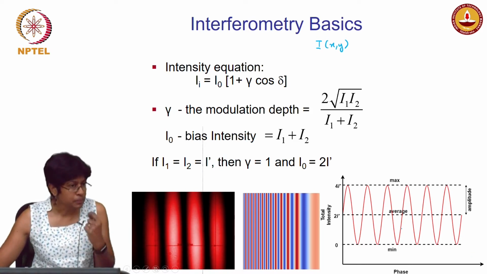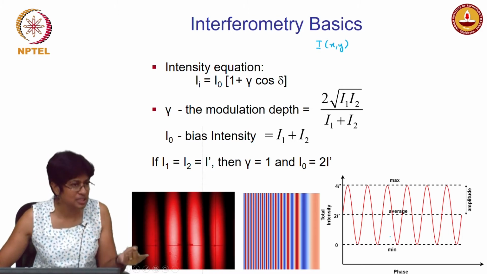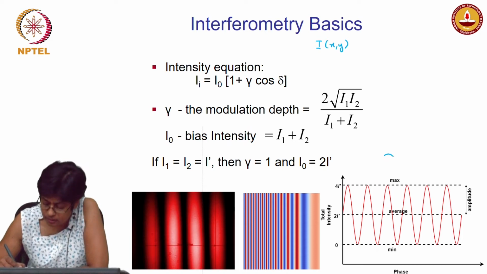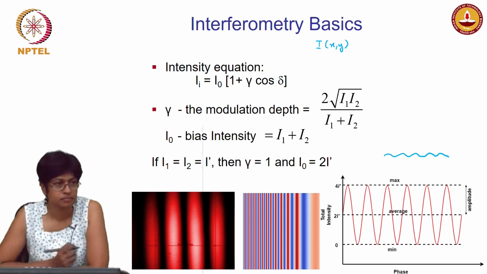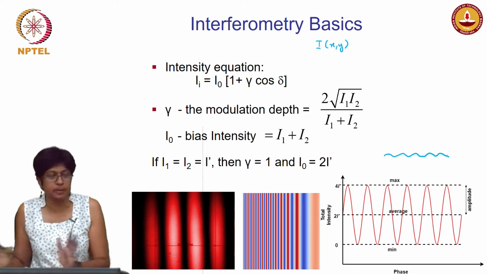In order for me to see those fringes clearly, I want this modulation depth, the difference between the maximum and the minimum here, to be as large as possible, right? I could have fringes where this is the, right. Okay, I remember these, it should be periodically spaced.